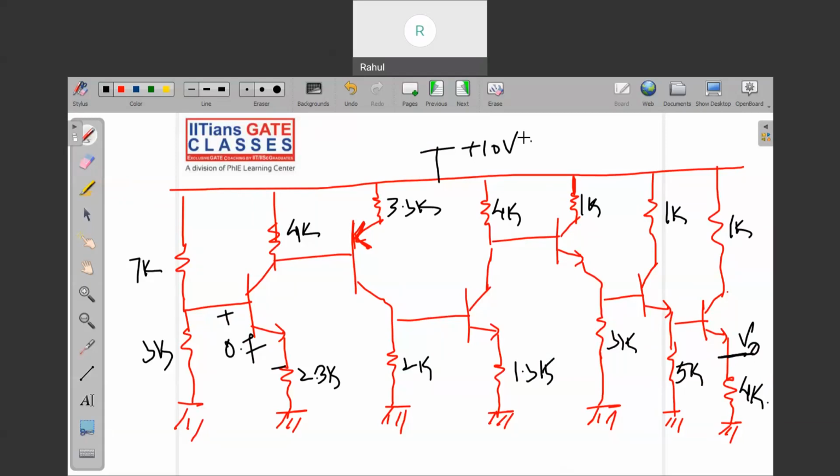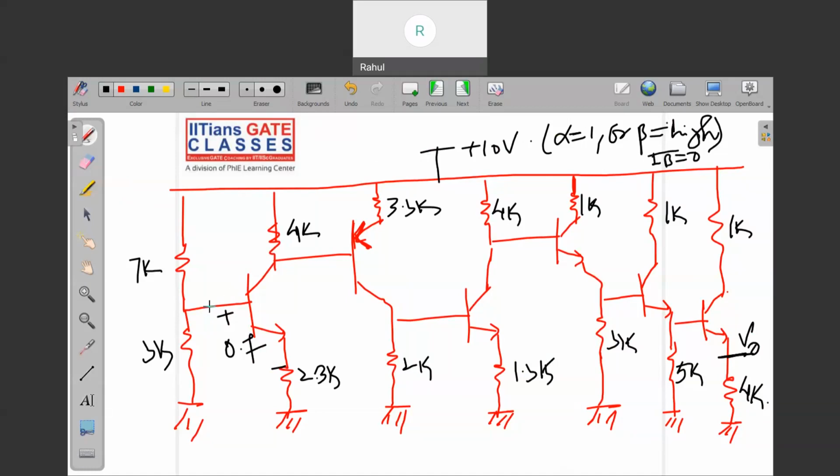They did not mention beta. Suppose beta is given, it will be pretty high. In this question you can assume alpha equal to 1, or beta is high. Beta high means you can consider infinite, so IB will be 0.